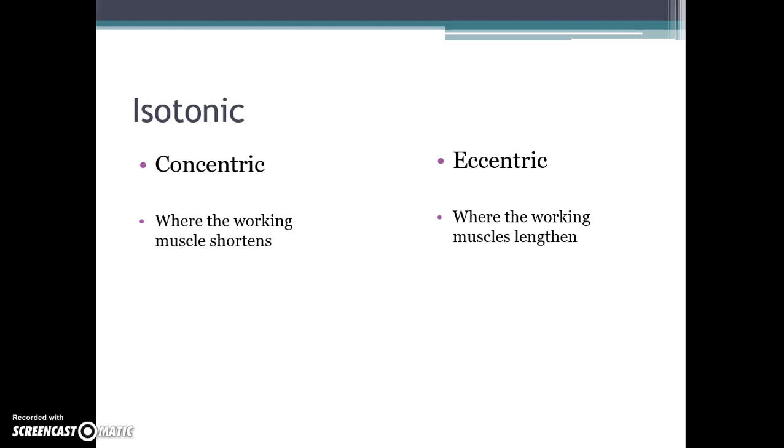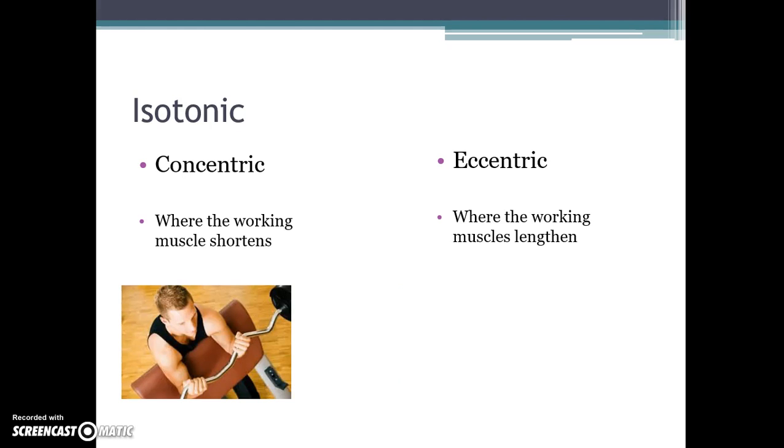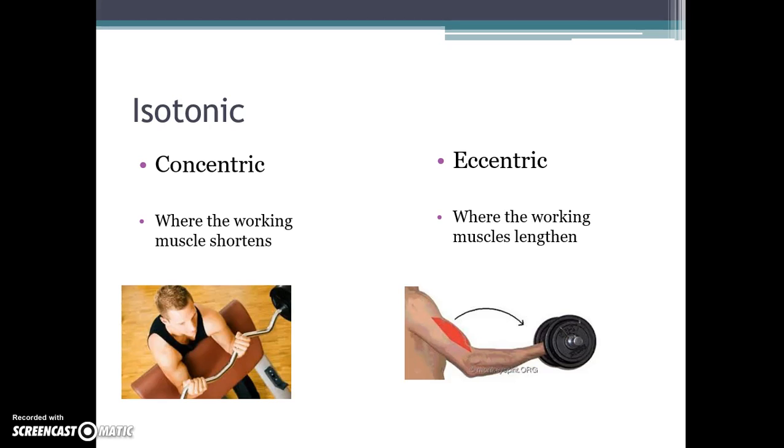Isotonic, already talked about it being while moving, and we've got concentric and eccentric. Concentric is where the working muscle shortens, and eccentric is where it lengthens. The bicep curl is a really good example, so I keep going back to it. Your bicep shortens on the upward phase.